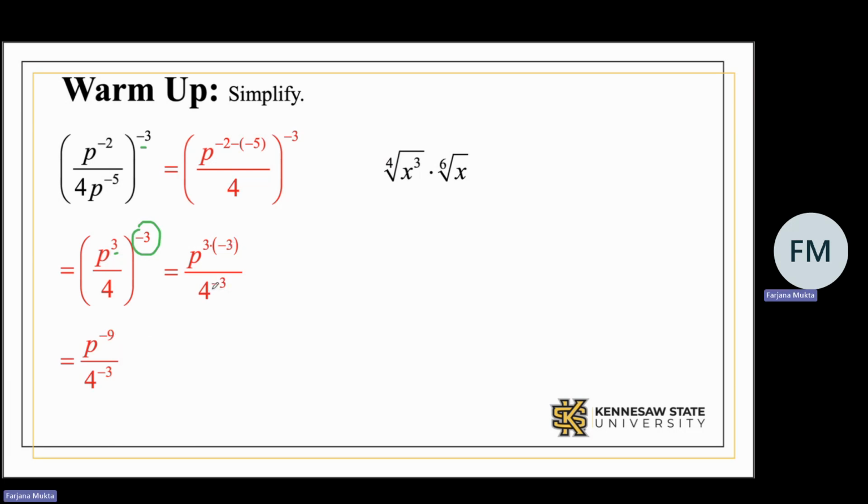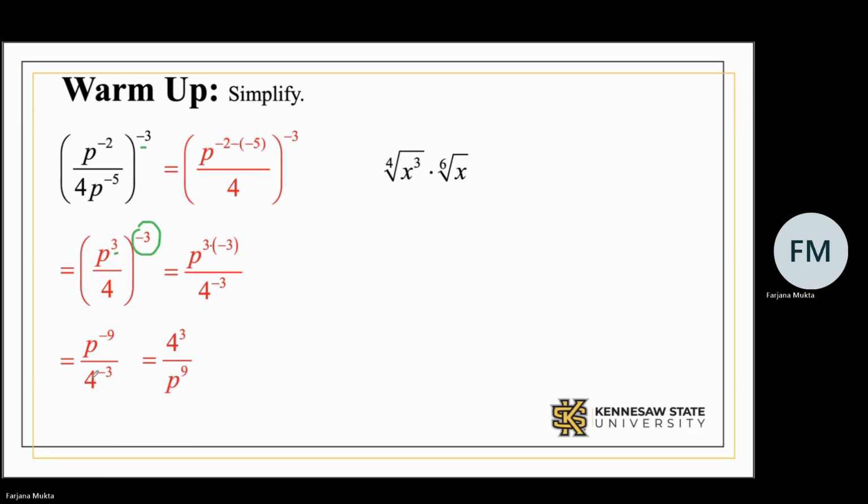And the denominator is p to the -3. Now notice that both our numerator and denominator have negative exponents. What happens if we have a negative exponent? What is the property? The property for negative exponents is that it will become a reciprocal, right?